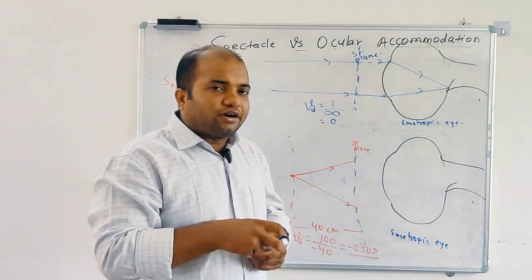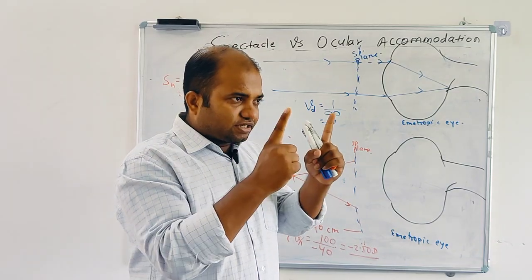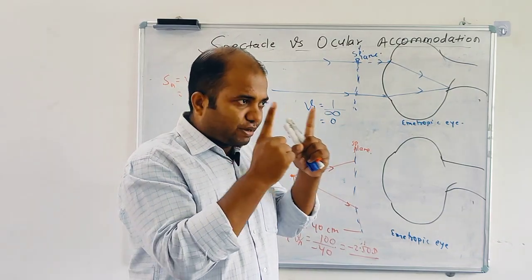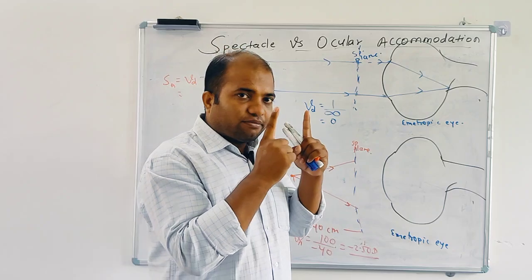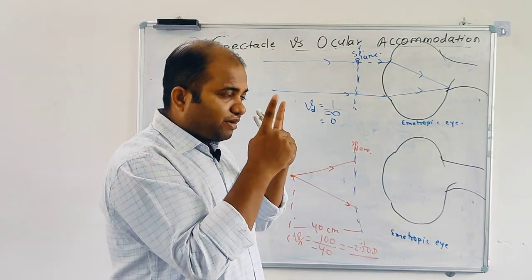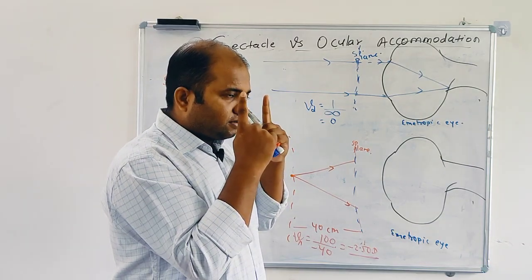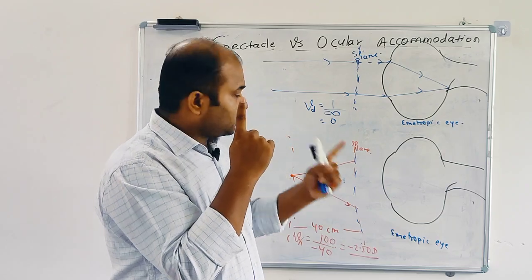Now according to spectacle accommodation, when you are seeing distance, vergence is 0. Only a parallel ray of light is striking, right? But when you are seeing near at 40 centimeter, negative vergence of 2.5 diopter strikes on the glasses.